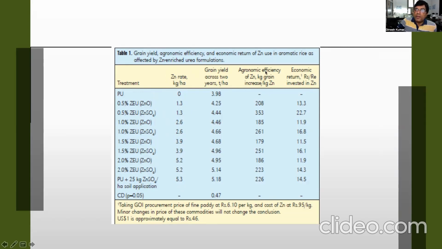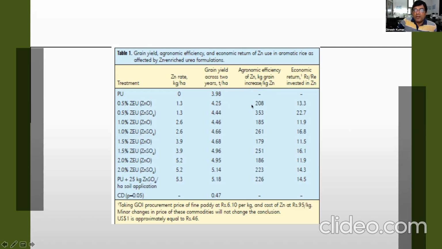Then you can work out agronomic efficiency. You cannot work out agronomic efficiency for the control. Take 4.25 minus 3.98 and divide by the rate of fertilizer application, which is 1.3 kg per hectare.